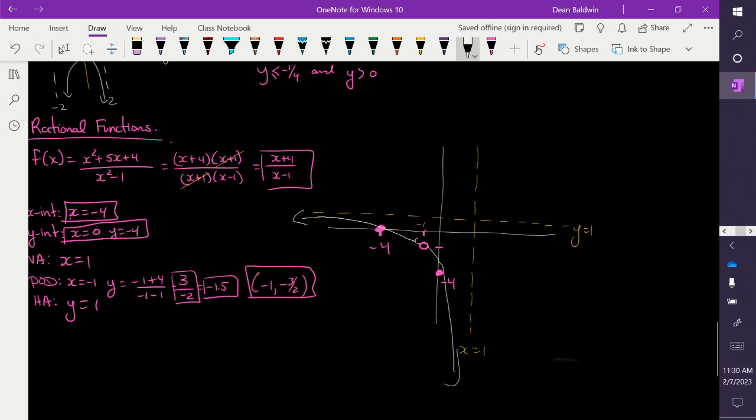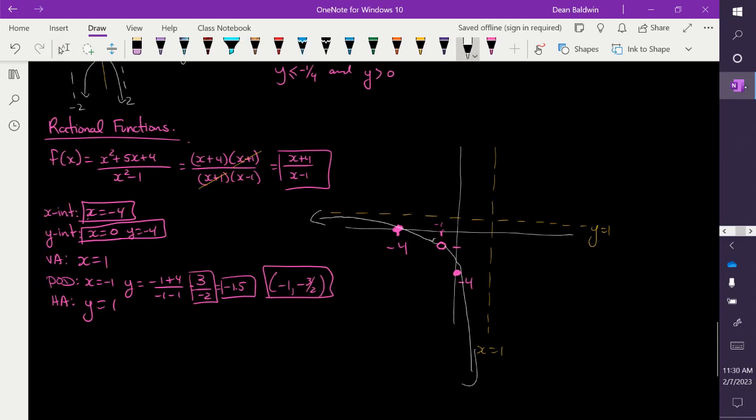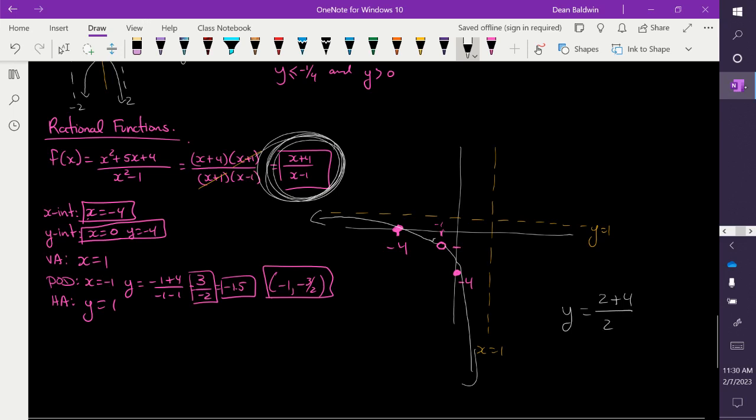So if you pick 2, y is equal to, and you plug 2 into just the leftover function, the simplified version. I go 2 plus 4 over 2 minus 1. What's 2 plus 4? What's 2 minus 1?